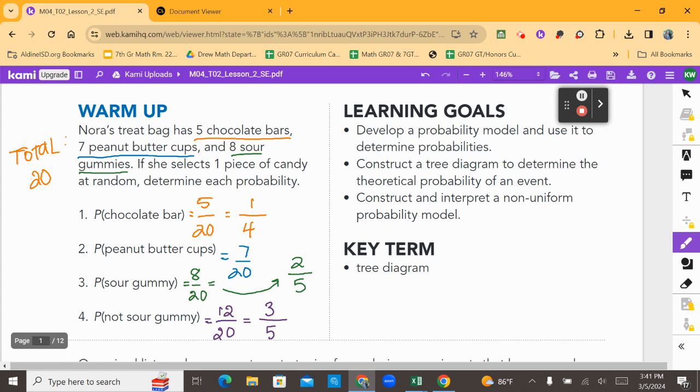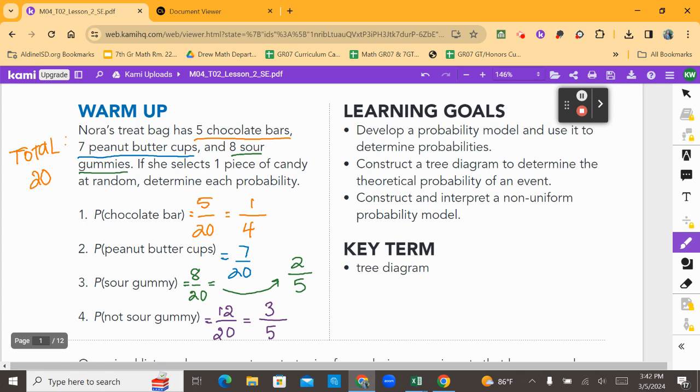And ideally, you also should have just counted the peanut butter cups and chocolate bars. When you add those together, you get 12. But I also could have cheated a little bit and looked at my probability for sour gummies. If it's a not sour gummy, I know it's going to be the opposite of that. So I know the opposite of 8 out of 20 would be 12 out of 20 because you need 12 more to make 20, right?